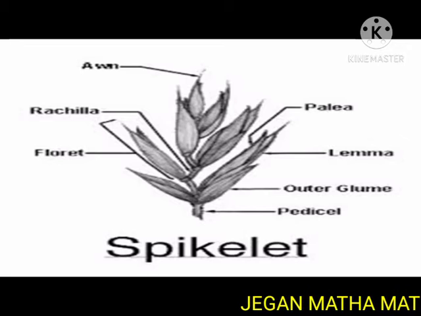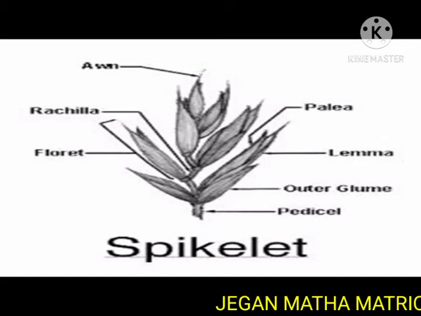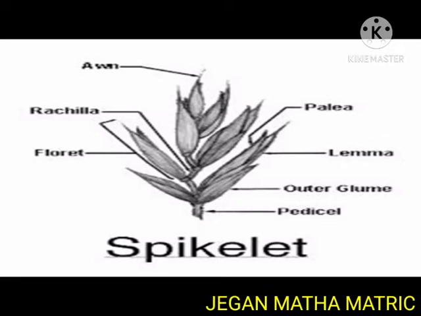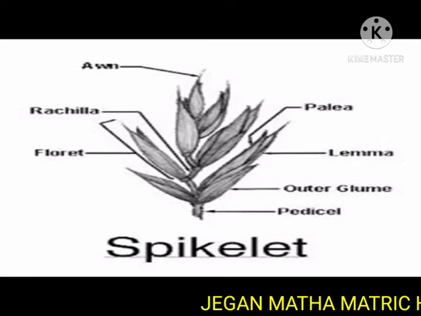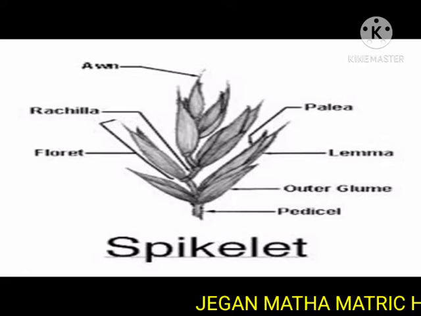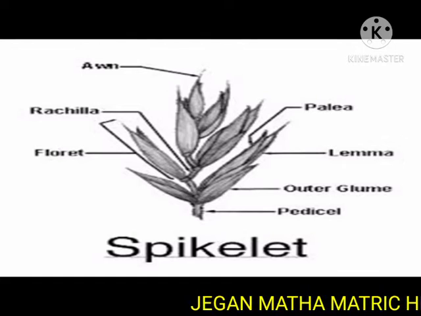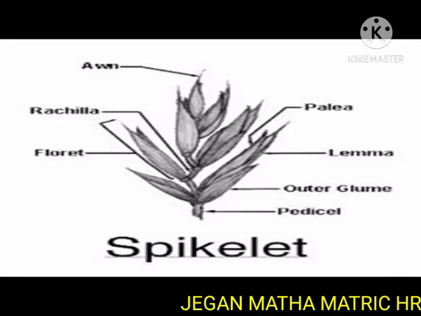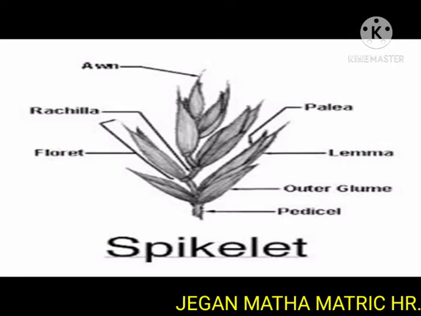Each sessile flower has a lemma. Lemma is otherwise called bract, and a palea. Palea is otherwise called bracteole. Tepals are reduced to colorless, scaly leaves. Each flower has stamen and pistil only.